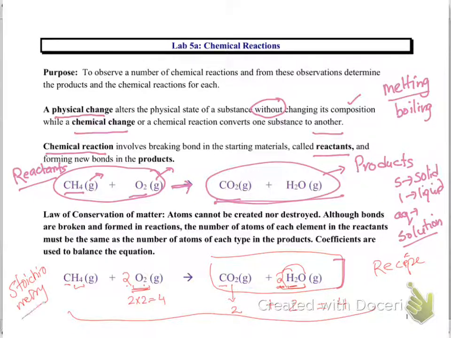which tells you that 1 equivalent of methane combines with 2 equivalents of oxygen gas to produce 1 equivalent of carbon dioxide and 2 equivalents of water.